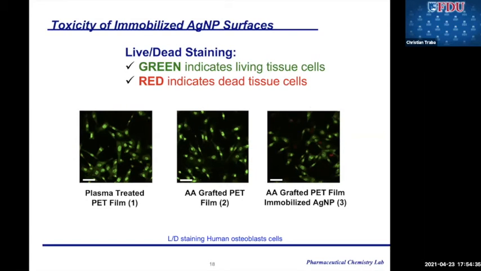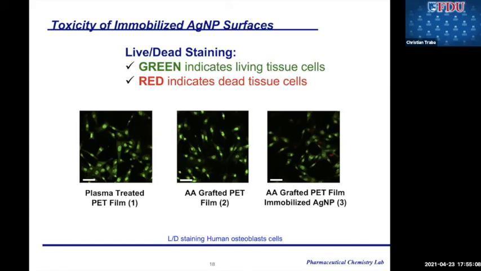Results from this study demonstrate the biocompatibility of all 3 biomaterials. And once again, this is indicated by the green color that we see. The human fetal osteoblasts cultured on our grafted surfaces grew healthy and rapidly. And unlike bacteria, human fetal osteoblasts cultured on immobilized surfaces were healthy and grew steadily throughout the time span of the 7 days.